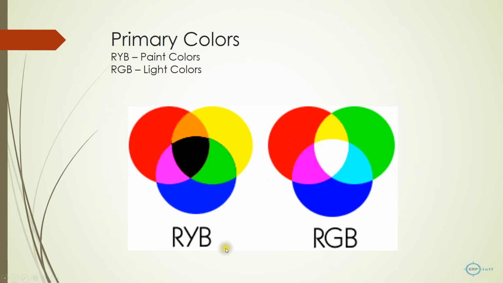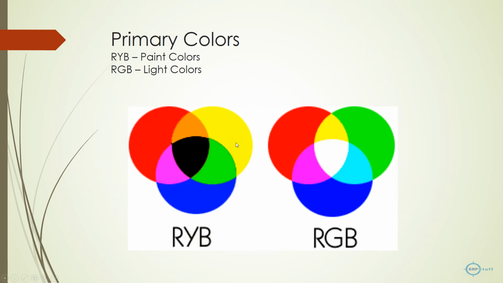At the same time, if you need paint colors, for example physical paint on your wall, or the black color of your laptop or computer or your shirt, that is created using RYB.